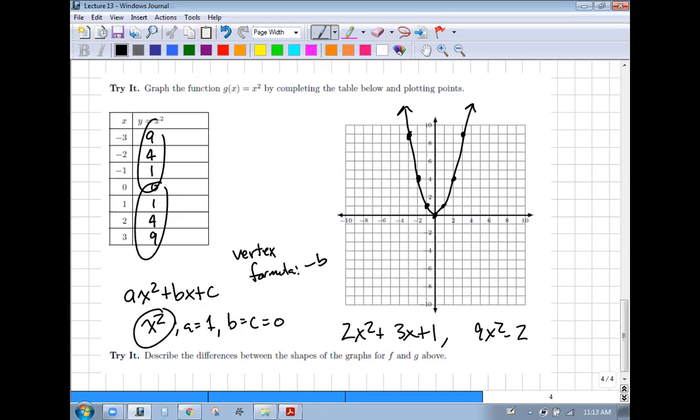It was -b/2a. So if you have a quadratic of this form, -b/2a is going to be important. Has something to do with the vertex. The vertex would be this point right here. It's at the bottom of the valley, or if this thing's upside down, it's at the top of the hill.